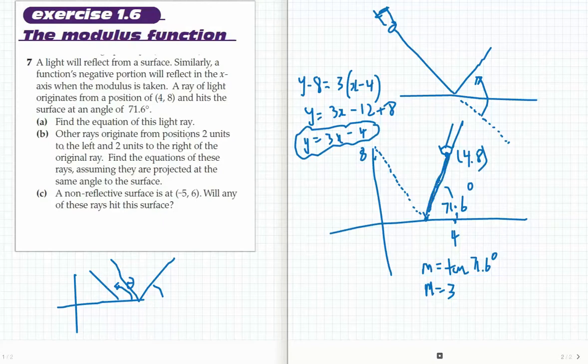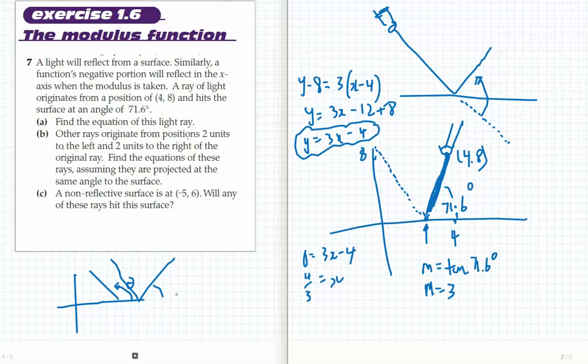And that's going to have a particular x-intercept. That's the equation only for that component. I'd need to work out what my x-intercept was. So 0 equals 3x minus 4, 4/3 is going to equal x. So it's positive when x is greater than 4/3.